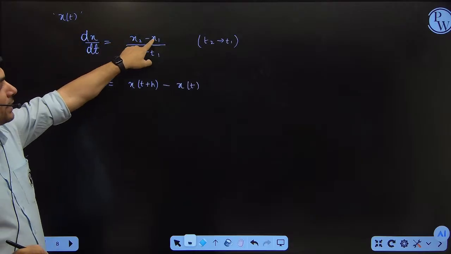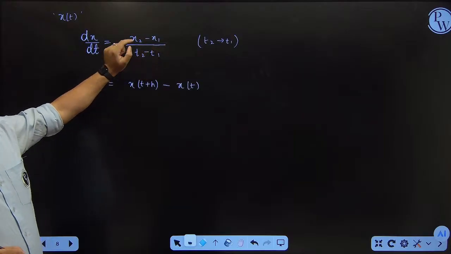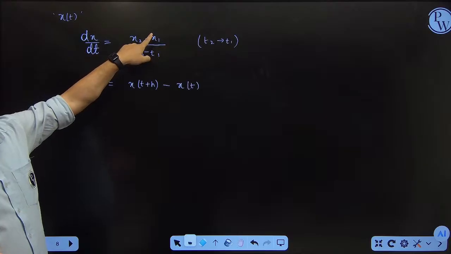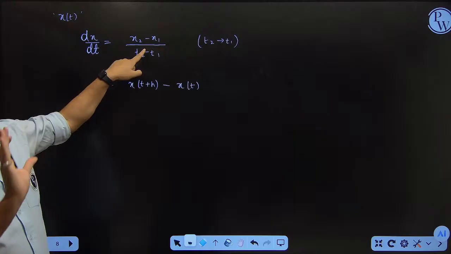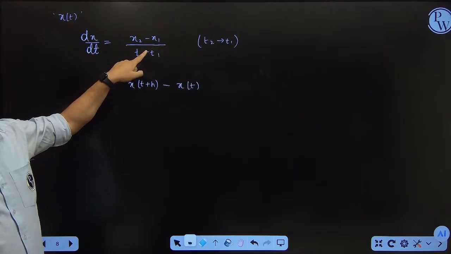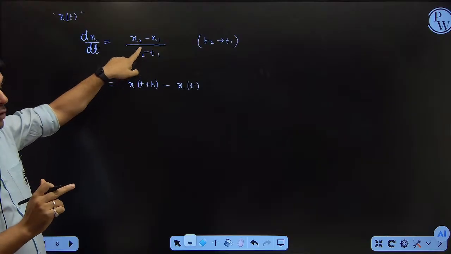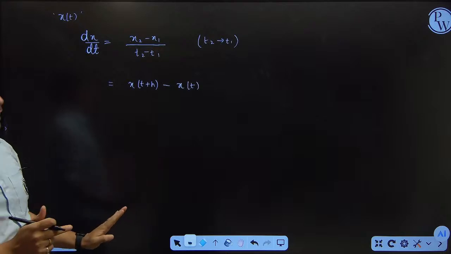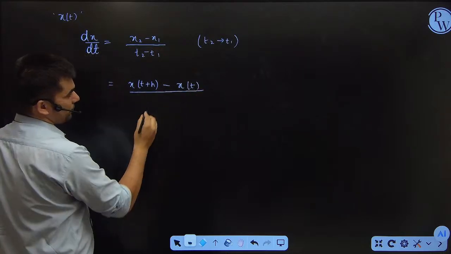If x2 is nearly tending towards x1 and t2 is nearly tending towards t1, right? Of course, this x2 has to be greater than x1. Similarly, t2 has to be greater than t1, because you cannot go back in time. You are starting from t1, so you have to go further. So that's the reason why we are saying that x2 is greater than x1 at that instant of time.